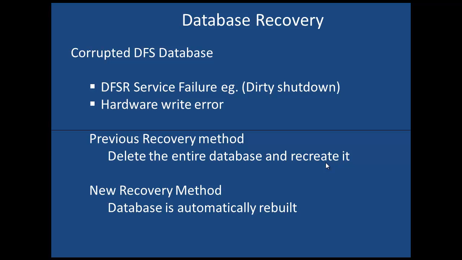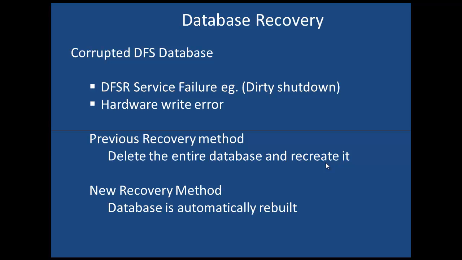The system had to look at every one of the files again, just like the initial replication, had to make a hash of each file and then store it in the database. And we know that that takes a long time, especially where you have a very, very large set of information stored on many different servers.